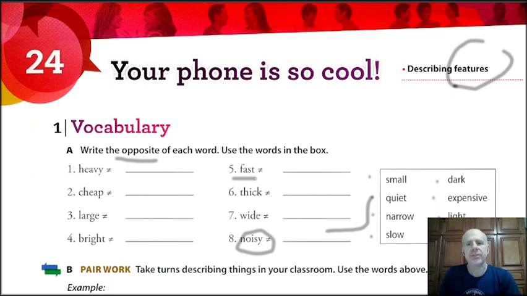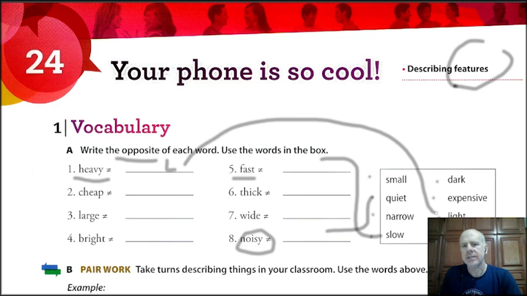Fast is easy, and the opposite is easy too. I think you know that slow is the opposite of fast. Heavy is also easy, because we talk about that all the time, I think. What's the opposite of heavy? The opposite of heavy is light.